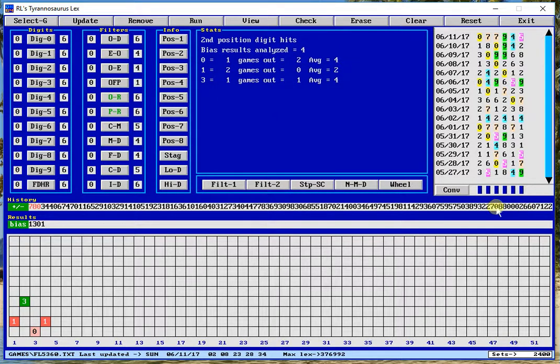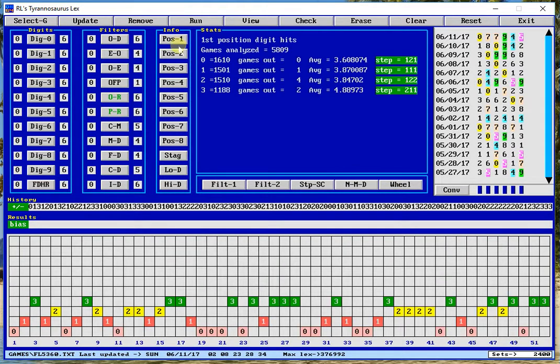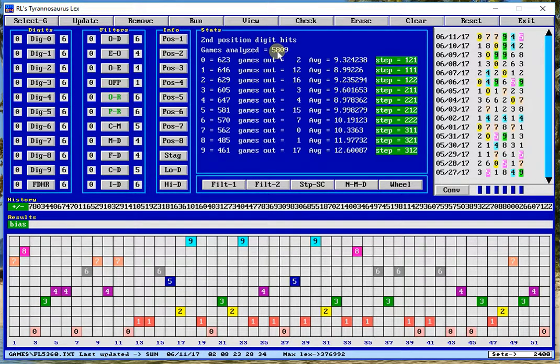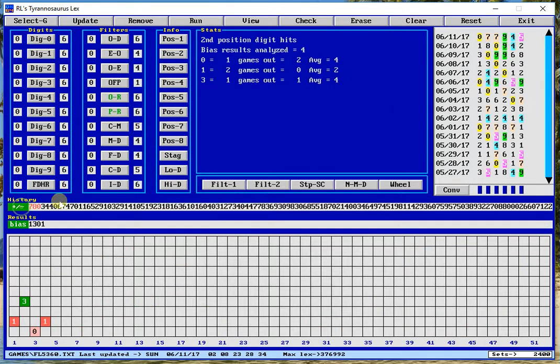If you look down through, this is the history of the entire base of the game, but you can only see however many's here. I don't know, 60 or something like that. I'm not real sure. I've never counted them. But out of 5,809 games, the 780 has only showed 4 times. So the bias on that would be a 1301.